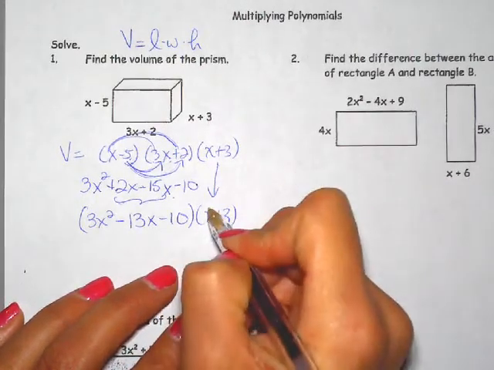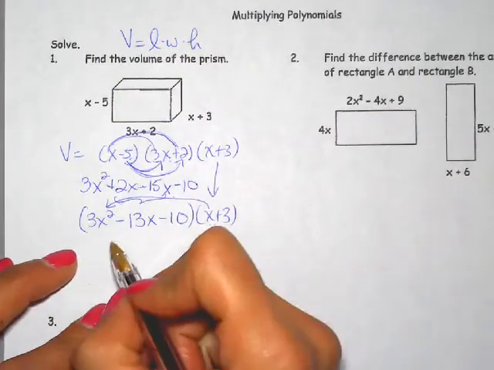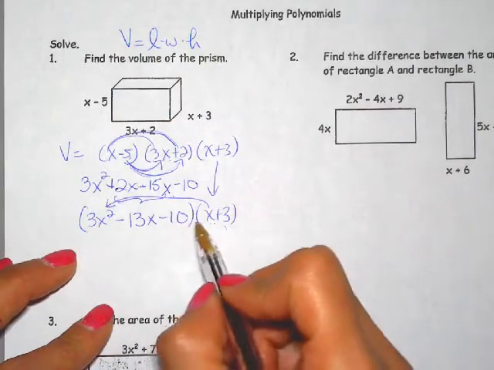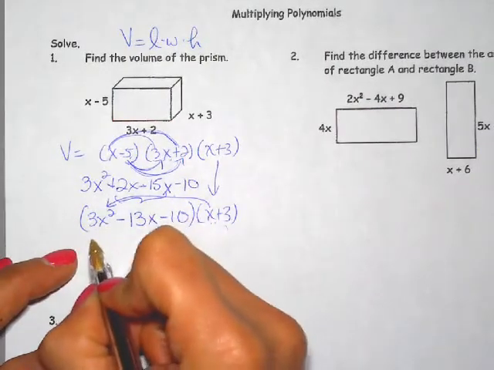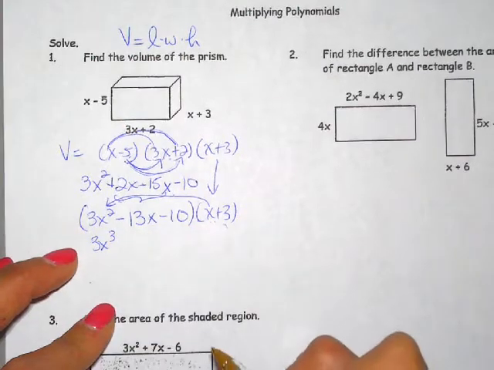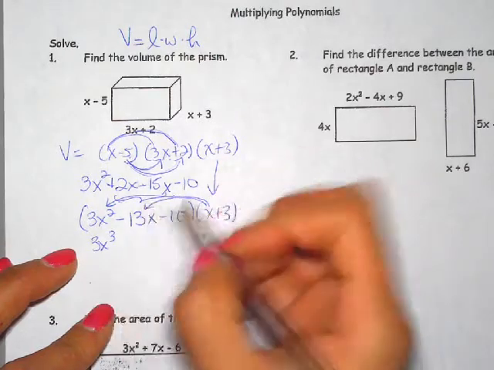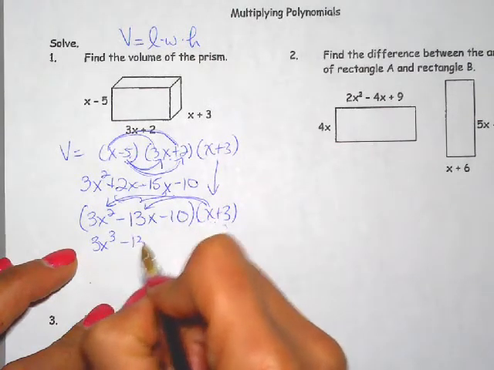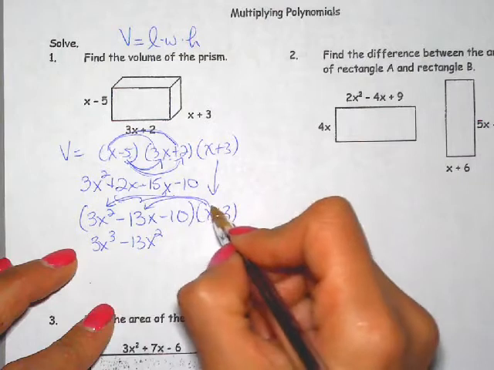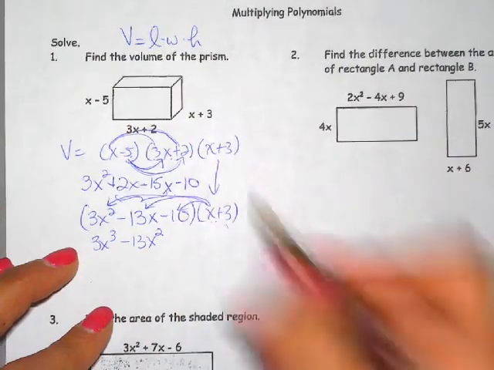X times 3x squared would be what, Elizabeth? 3x to the what? Third, very good. Third power, or cubed. Julian, x times negative 13x? Very good. And the last one there, Kaylee, x times negative 10?